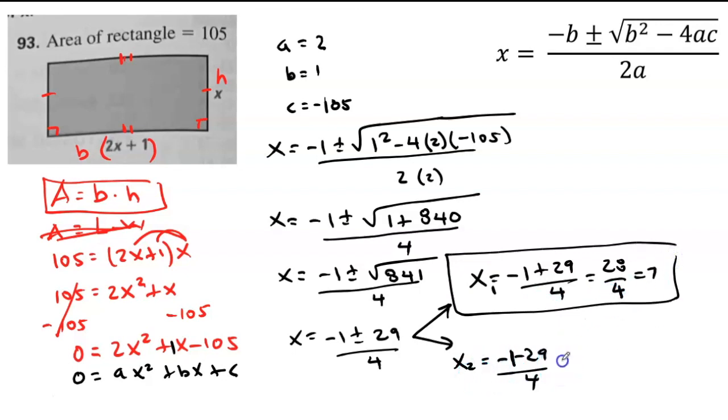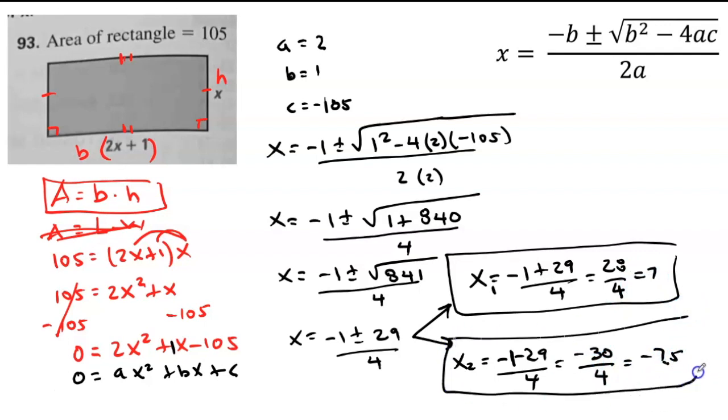My second answer is negative 1 minus 29, negative 30, divided by 4, which is negative 7.5. Now a question: positive number, negative number. If this wasn't a word problem, both answers would be solutions. But because we're looking for the length of a rectangle, we cannot have a negative length. So this is not an answer. My answer is 7.